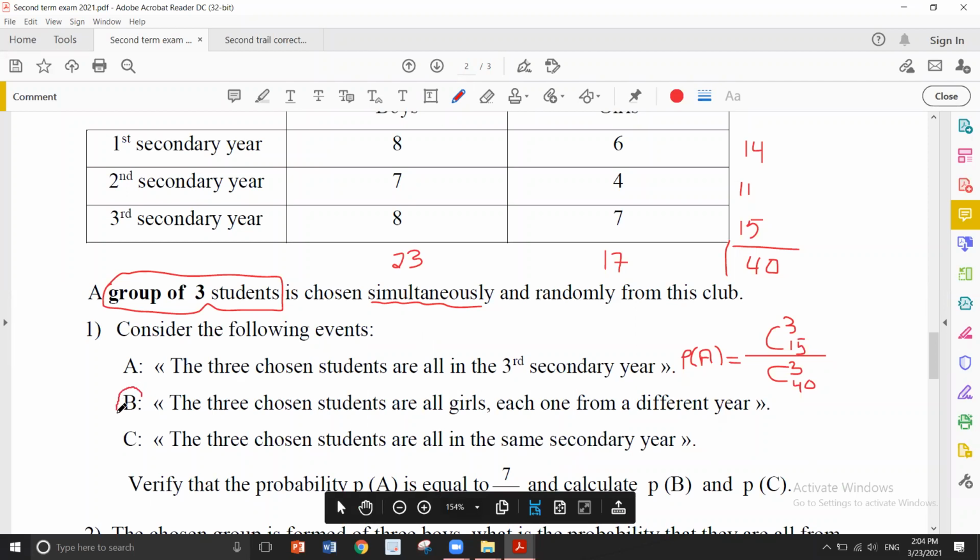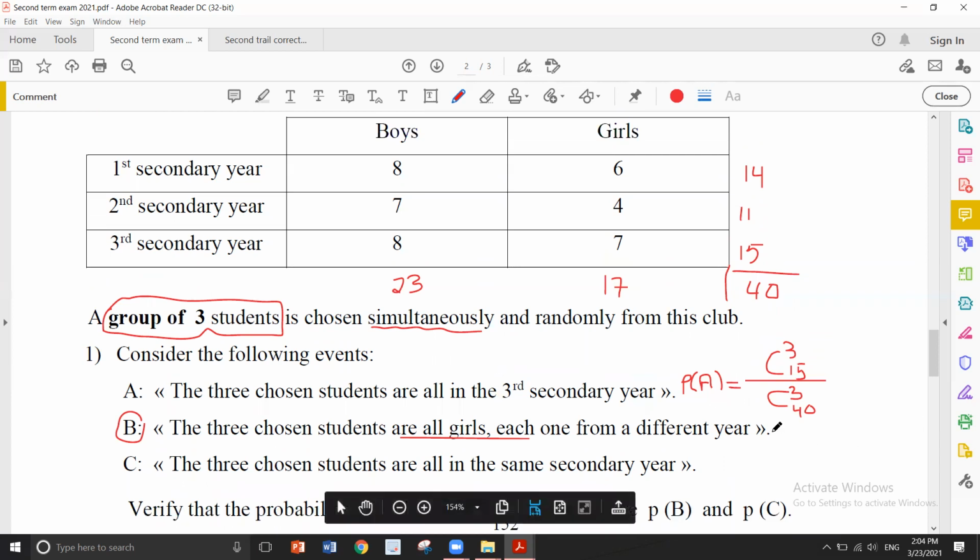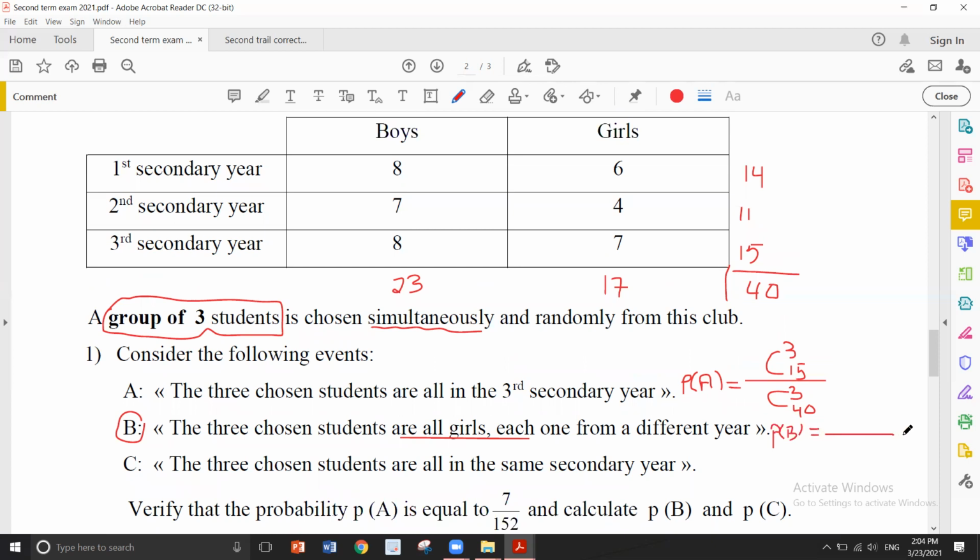B: the 3 chosen students are all girls, each one from a different class. What does this one mean? We have 3 girls, each one from a different year. How to calculate the probability of B? What is the total?